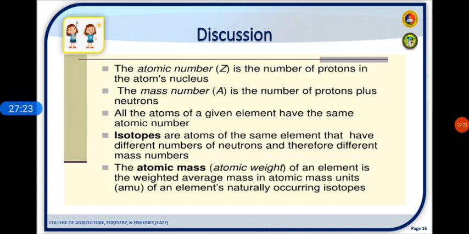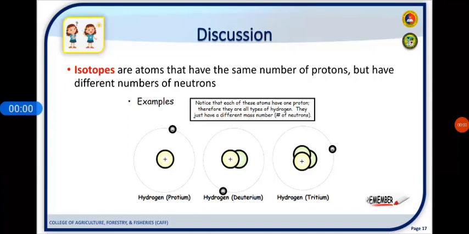The atomic mass, or atomic weight, of an element is the weighted average mass in atomic mass units of an element's naturally occurring isotopes. In addition, isotopes are atoms that have the same number of protons but different numbers of neutrons.